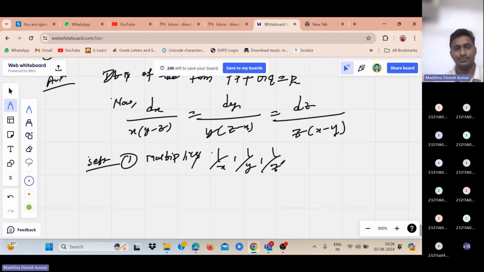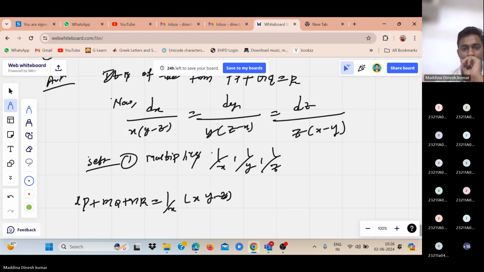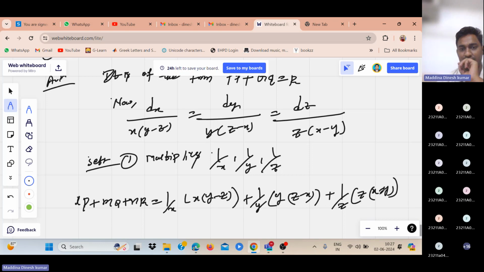So lP plus mQ plus nR equals: l is 1 by x, P is x into y minus z, plus 1 by y, Q means y into z minus x, plus 1 by z into x minus y. Okay.